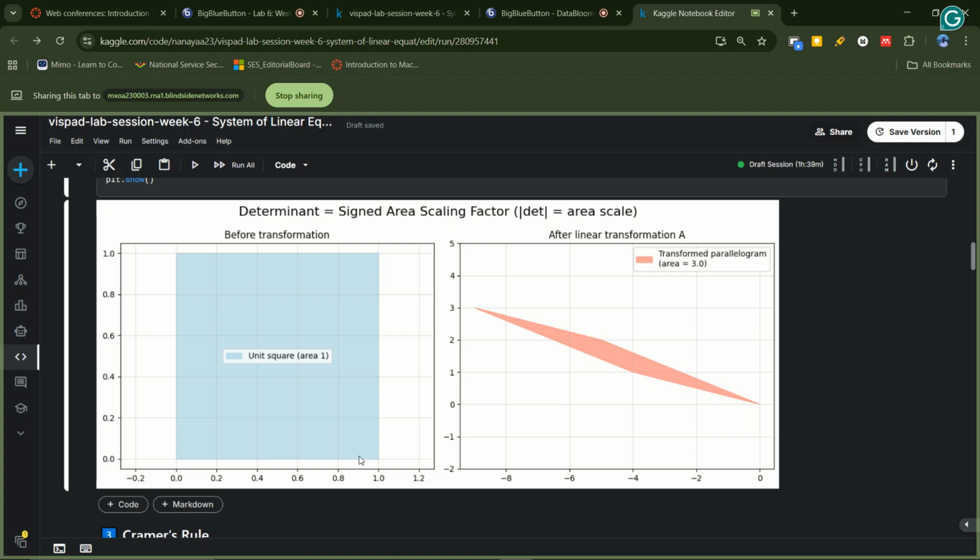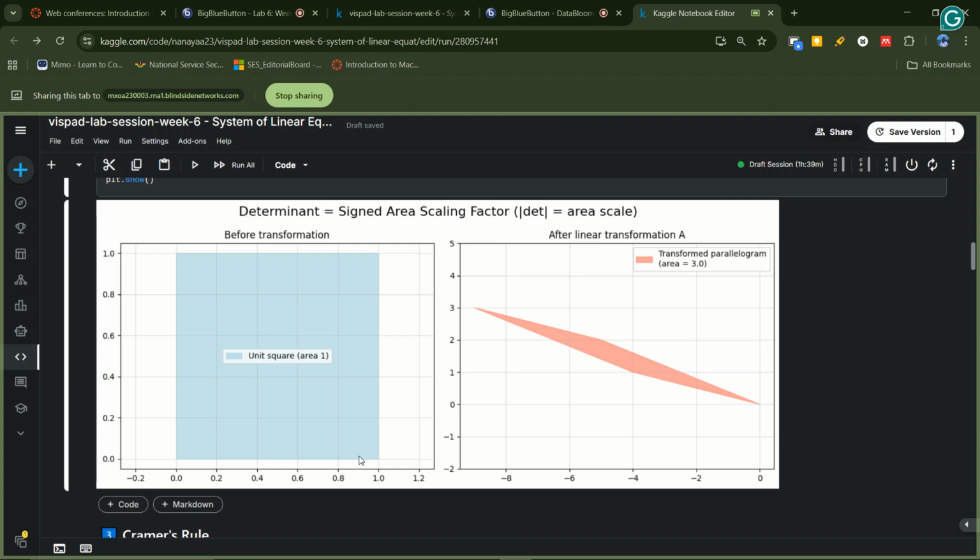Then after linear transformation, we got the area to be 3.0. Remember, the area over here is the determinant. That's the 3.0 we got initially.